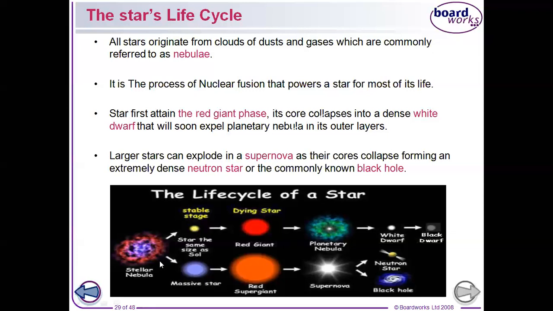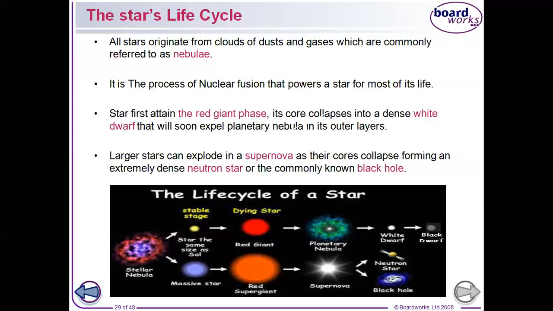Now, for a massive star, we have the first stage, a massive star formed from stellar nebula, and then it expands into what we call a red supergiant at the dying stage, and then explodes. The explosion here we call a supernova, releasing all the matter that formed it, and then it becomes either a neutron star or a black hole.